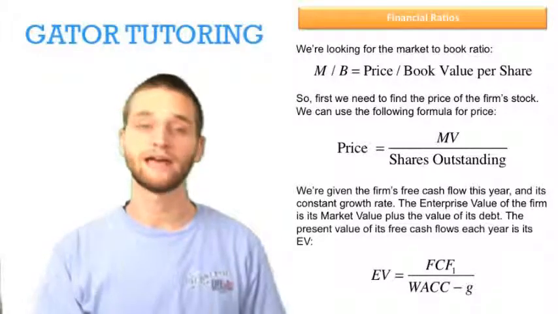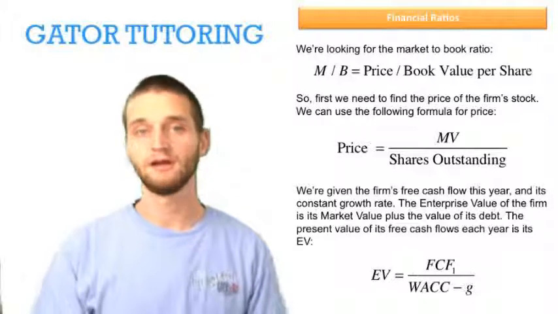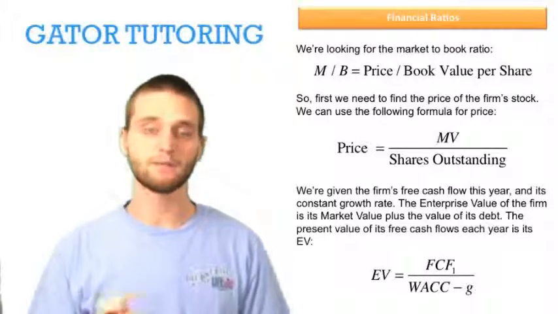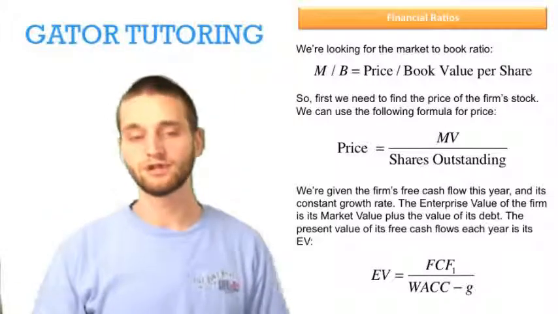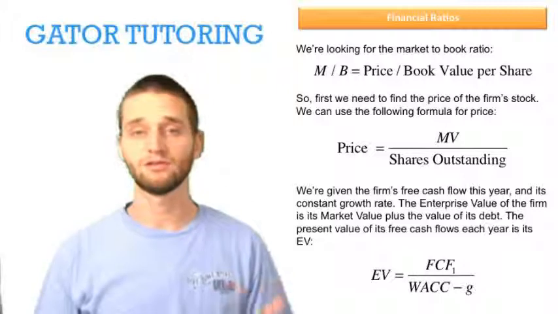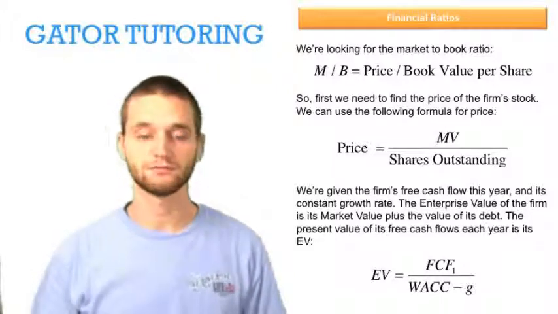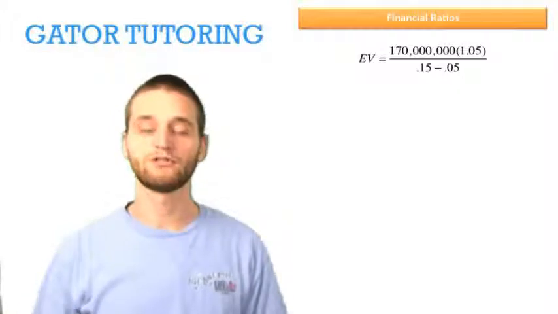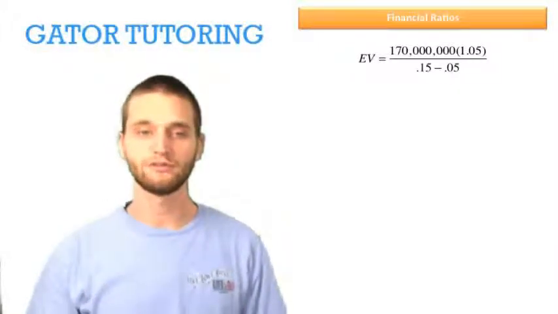We're going to find the free cash flow in period 1. So we're given it today and we're given its growth rate. Remember the equation for the present value of a perpetuity, we need to have the cash flow next year. And so we'll first find the free cash flow in period 1 and then divide it by the discount rate, in this case the weighted average cost of capital, minus the growth rate of those free cash flows. And so our free cash flow today is $170 million.